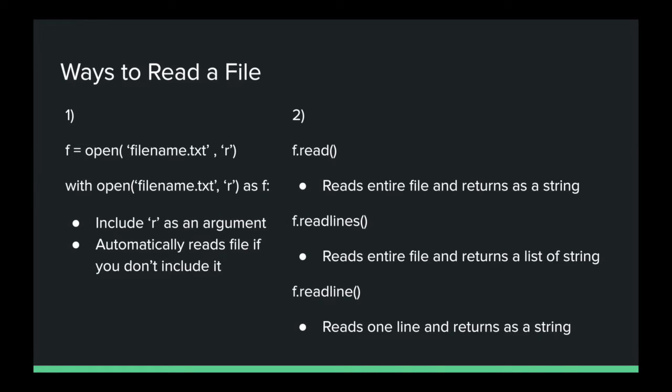And f.readline only reads one line and returns just that as a string. So you could call that command repeatedly if you want to print each line with a separate command. Another way is just using a for loop. I'll show you an example of that when we look at the demo later.